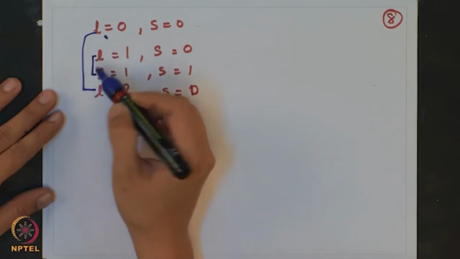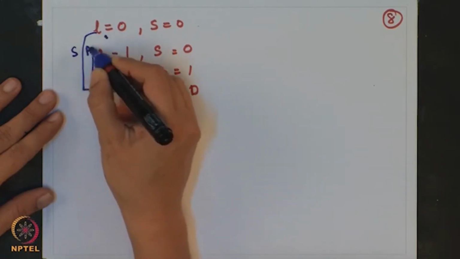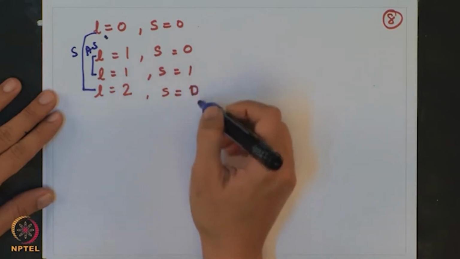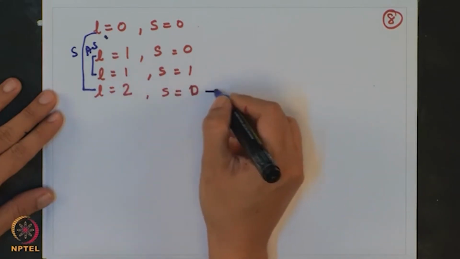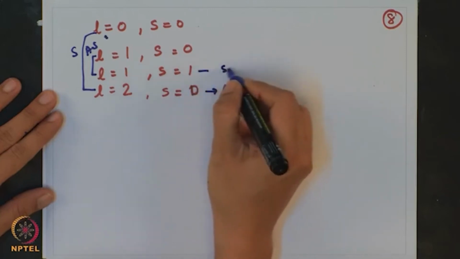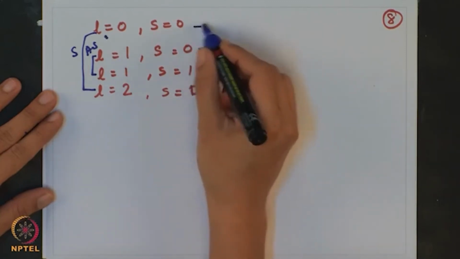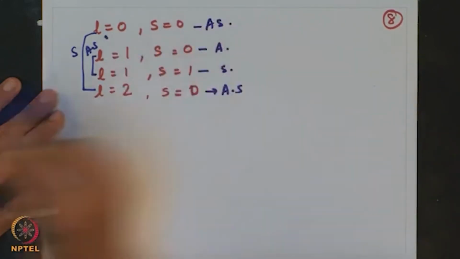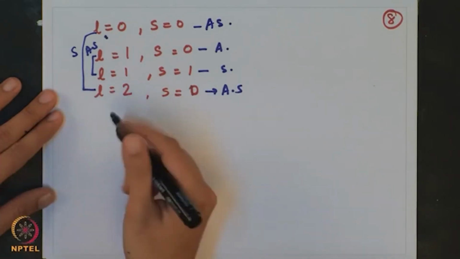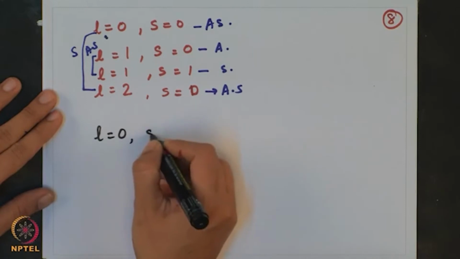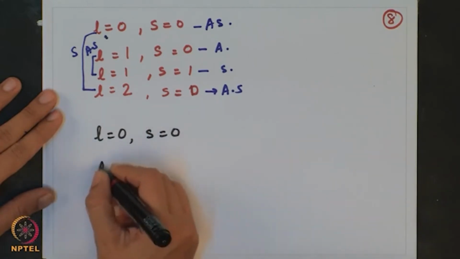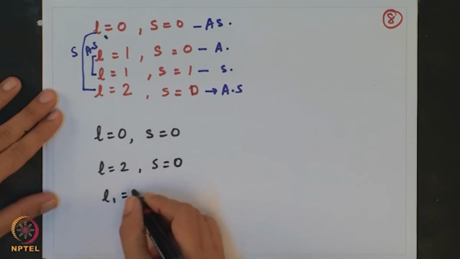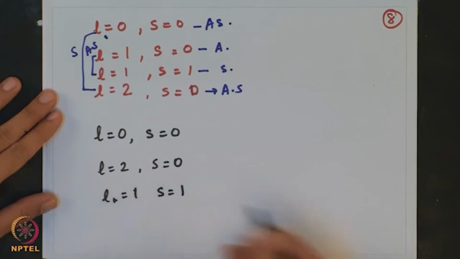Similarly, S is equal to 0 will give me an antisymmetric combination, and S is equal to 1 a symmetric combination. So, from these you have to choose the combinations which are allowed. L is equal to 0, S is equal to 0 will be allowed, L is equal to 2, S is equal to 0 will be allowed, and L is equal to 1, S is equal to 1 will be allowed.